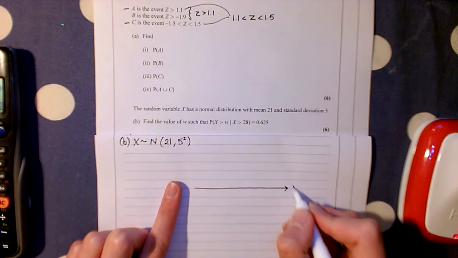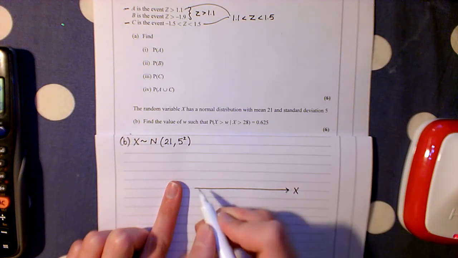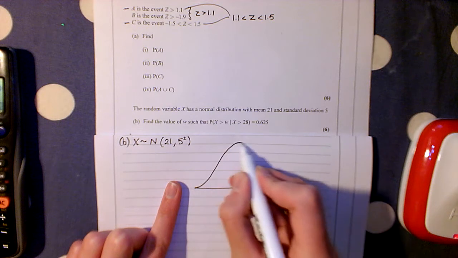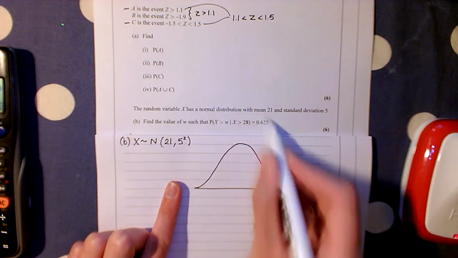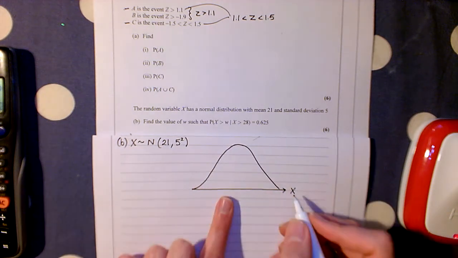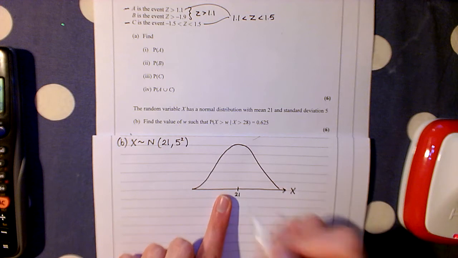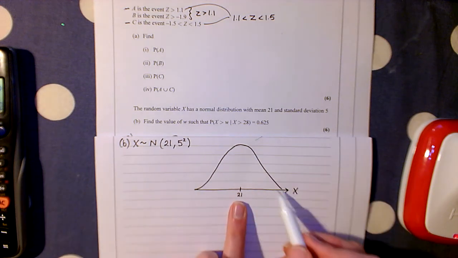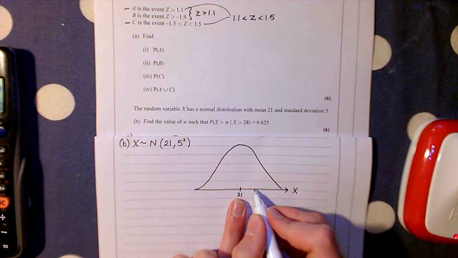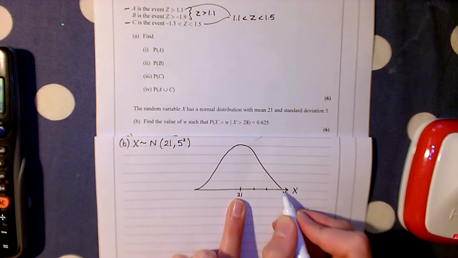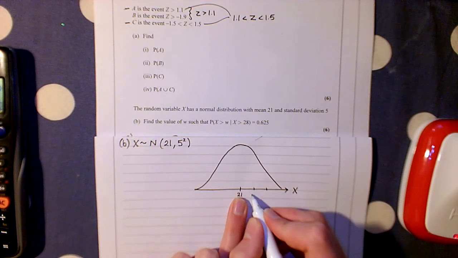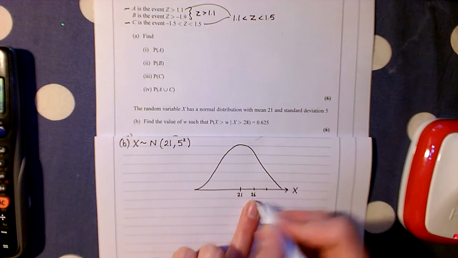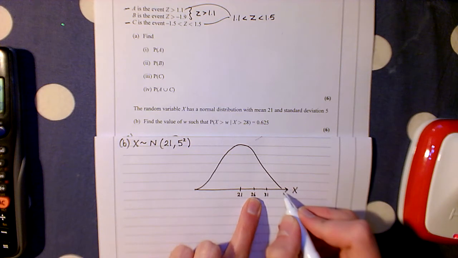So here's a diagram for my x data, which is distributed normally. Before I worry about what all this means, I put on what I know. I know that the mean is 21, and I know that the standard deviation is 5. And I know that almost all my data disappears by the time I move 3 standard deviations away from the mean. So if I add 5, I get to 26. Add 5, I get to 31.